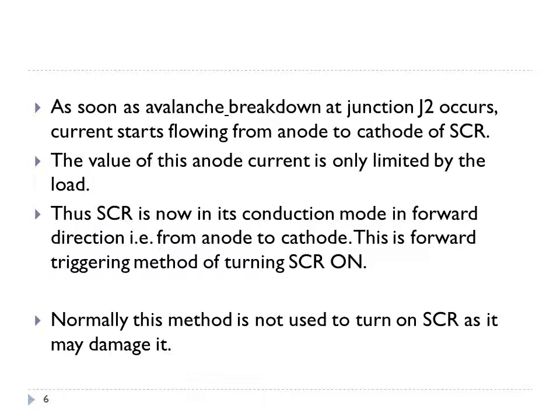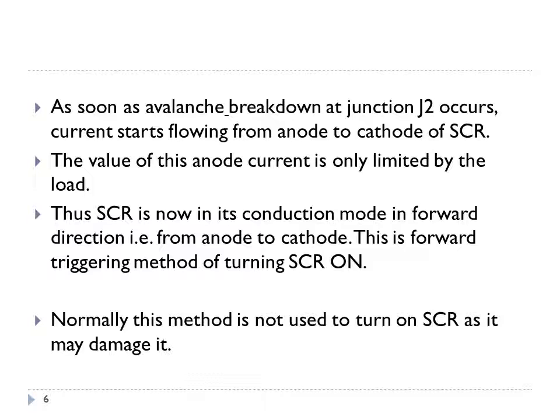As soon as the breakdown at junction J2 occurs, current starts flowing from anode to cathode of the SCR. Already J1 and J3 are forward biased, and if breakdown occurs at J2, then the anode current starts flowing. The value of the anode current is only limited by the load.